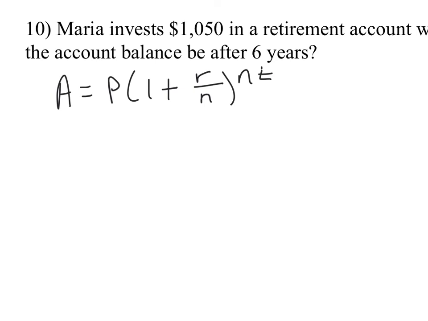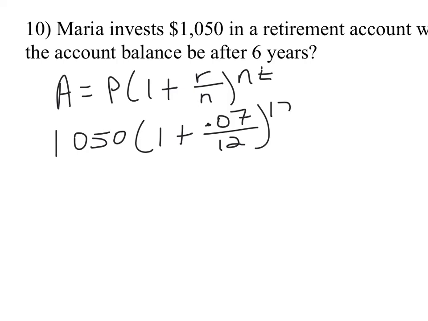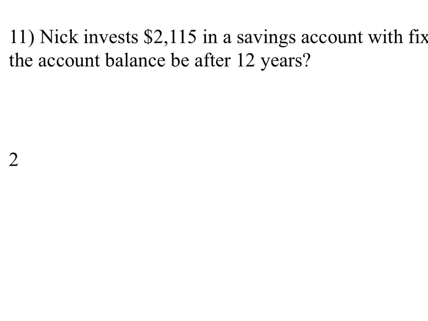So I'm going to put all my numbers in, and I get 1,050 times 1 plus the interest rate in decimal form, 0.07, divided by 12, the number of months, to the 12 times the number of years, to the 12 times 7. I put that in my calculator and I get $1,711.49.